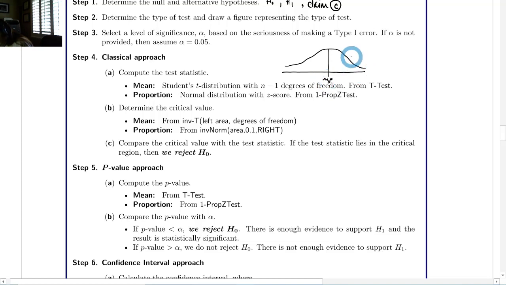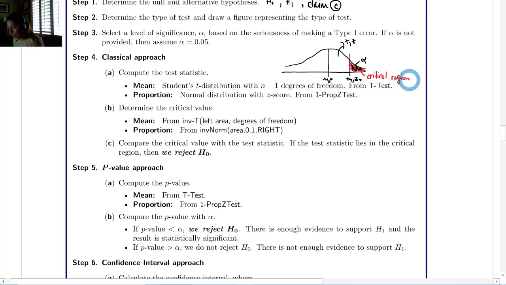Here would be your t sub alpha, or z sub alpha, where this area here is alpha. And then you would determine whether or not that test statistic t or z is in the critical region or not. The critical region is this shaded region.